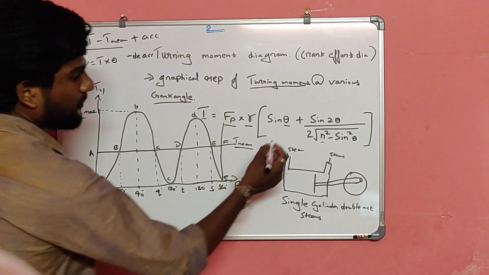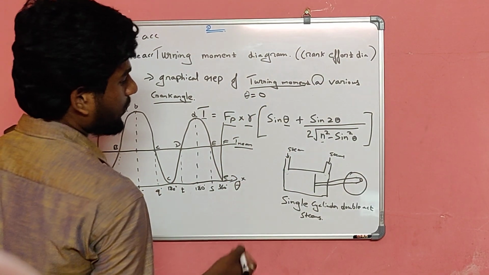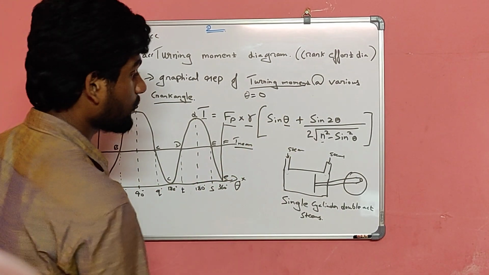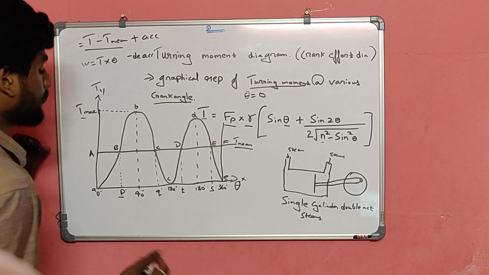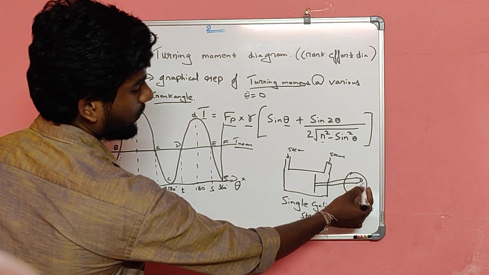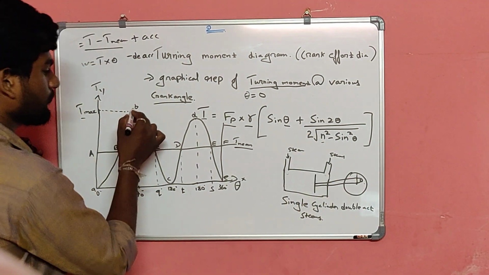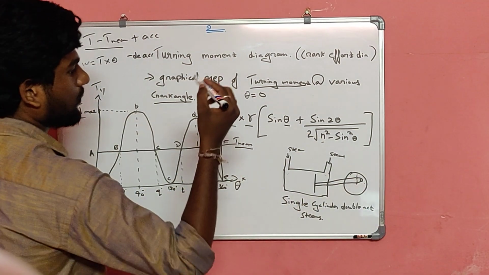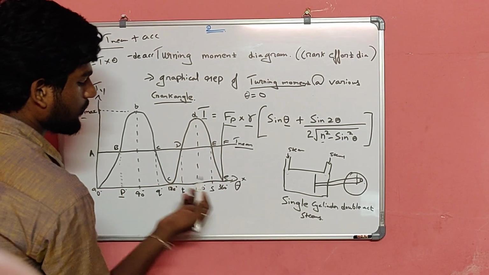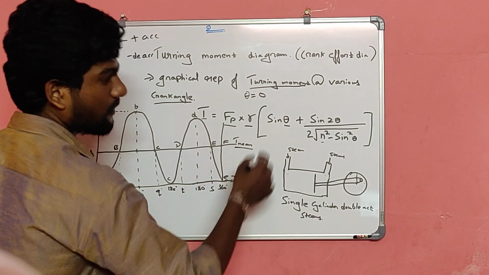From this drawing, when theta is equal to 0, there is nothing, because sine 0 is 0 and everything is 0. If theta is 90 degrees, that is, from IDC to 90 degrees, the torque is maximum in the output, and again at 180 degrees the torque reduces to 0, then goes up and goes down.